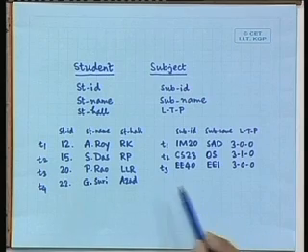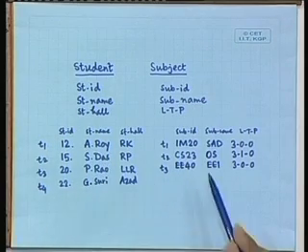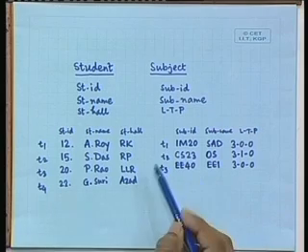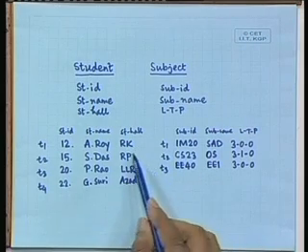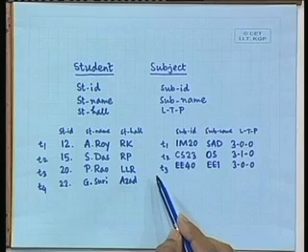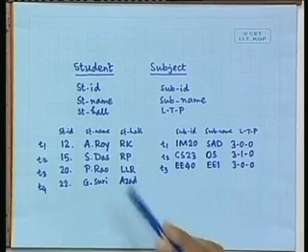Now, in network structure, what you have to do, suppose A Roy has taken all the 3 subjects, then you have to define a pointer to each of these 3 subjects, and in between define a link node where you can probably keep the grade.